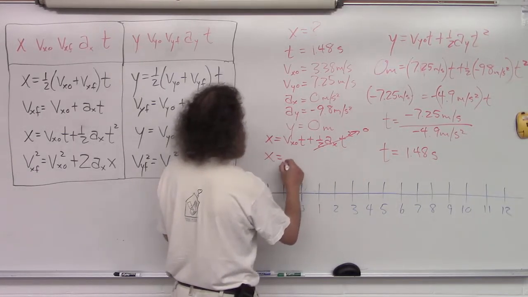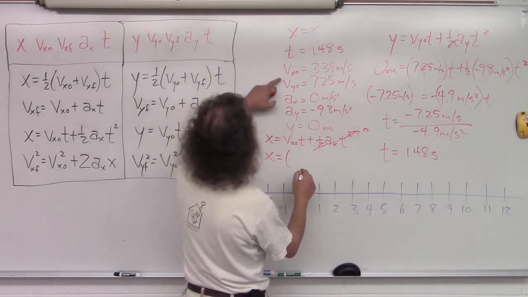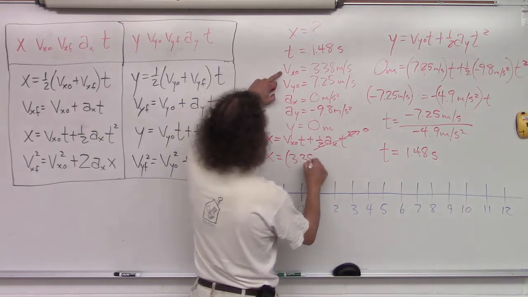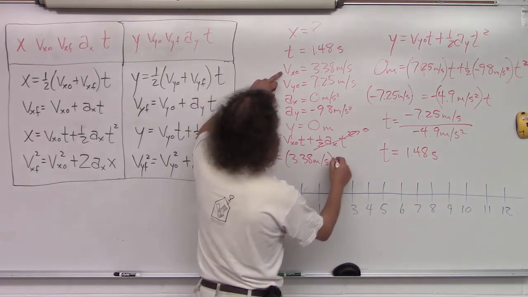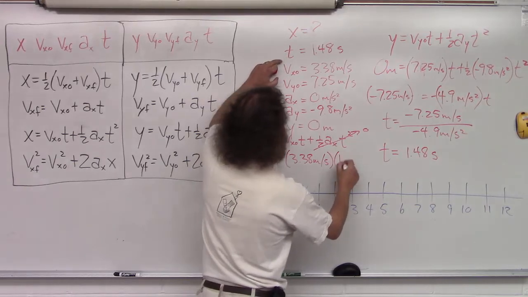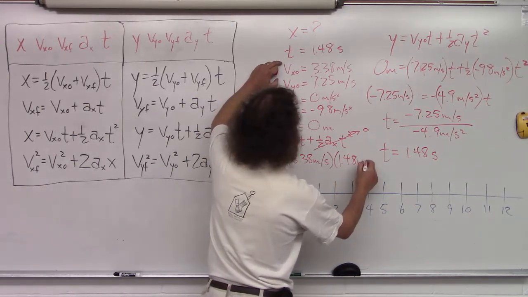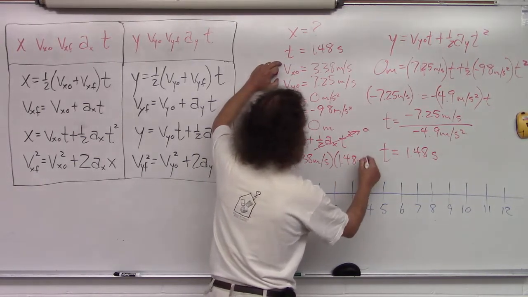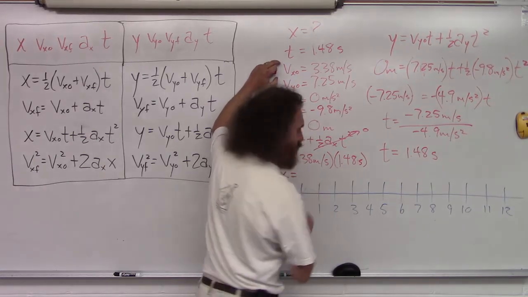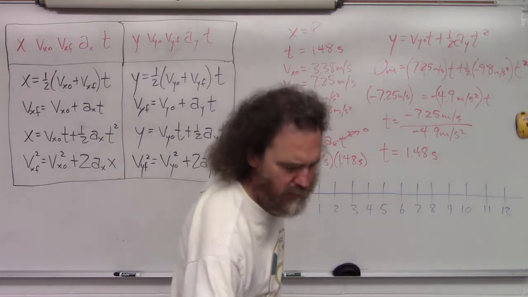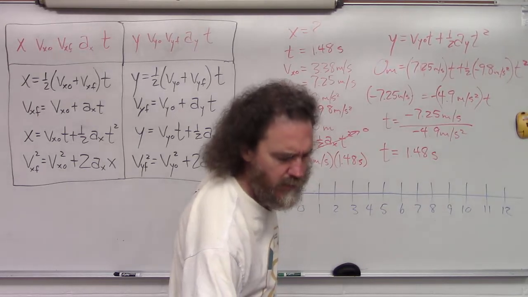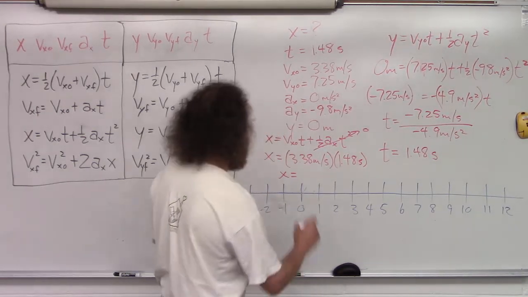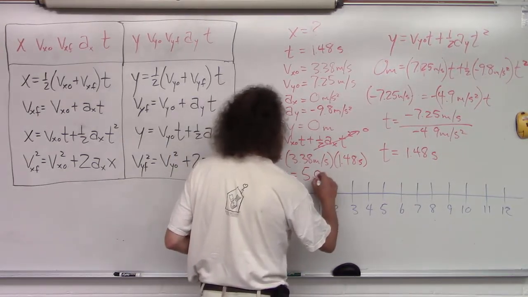So x is the initial x velocity, which is 3.38 meters per second, times time, which is 1.48 seconds. And that gives us, what does it give us? I think it's 5 meters. I didn't write, yes I did. 5.0 meters.